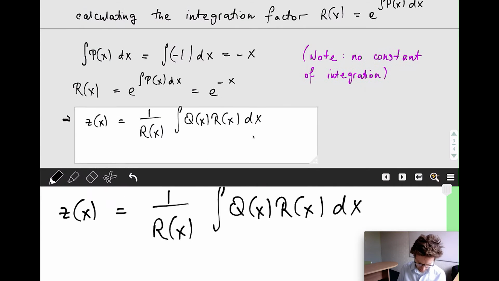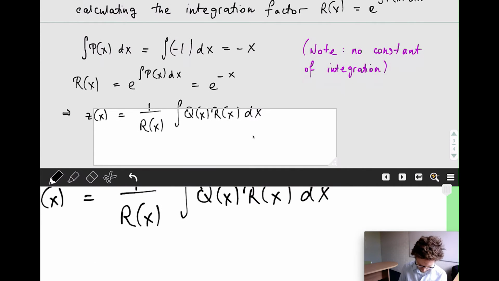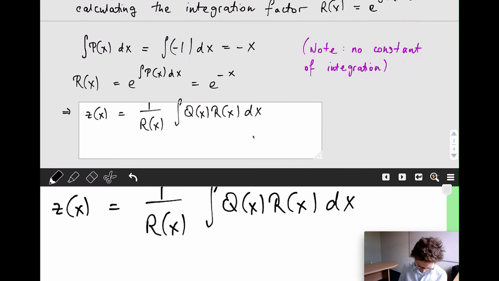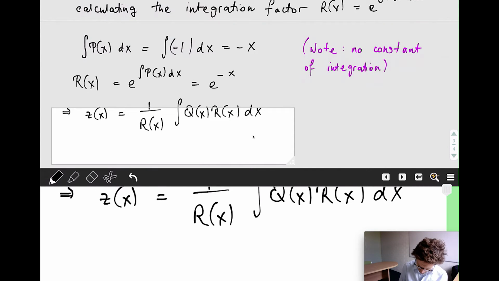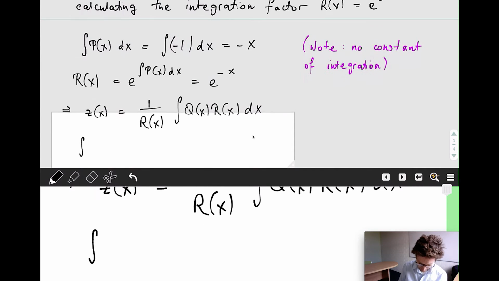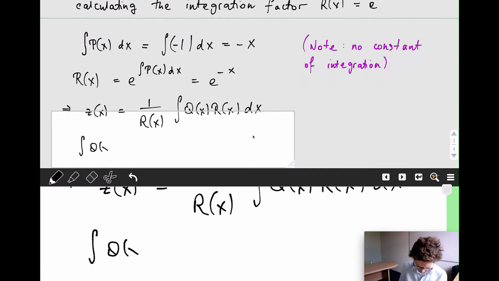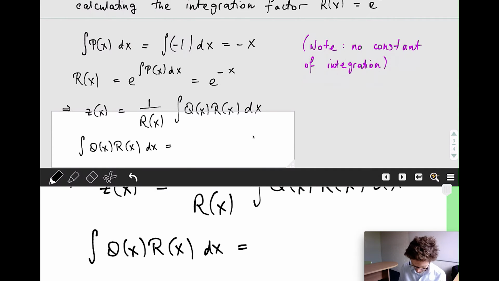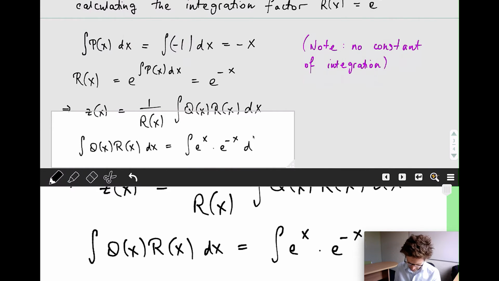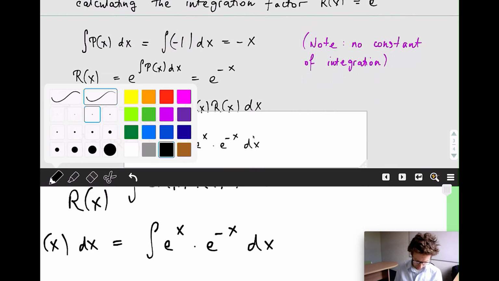So let's put in everything that we've gotten here. First of all, let's calculate that integral of q of x, r of x, dx. So q of x was given by e to the x. We saw that r of x was e to the minus x. So those exponentials cancel each other out.